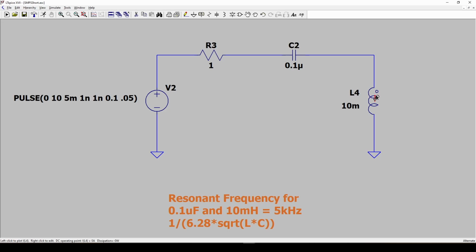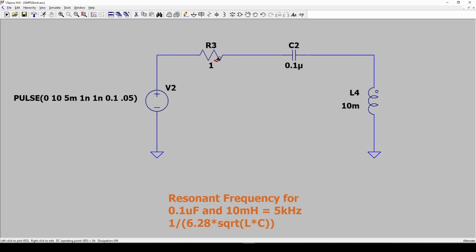And what happens is the inductor and the capacitor both hold energy. The inductor holds a magnetic field, and the capacitor holds an electric charge. And if you hit them with a pulse of voltage, like we're going to do here, it's very much like hitting a bell. And what happens is the energy in the inductor and in the capacitor gets shared between them.